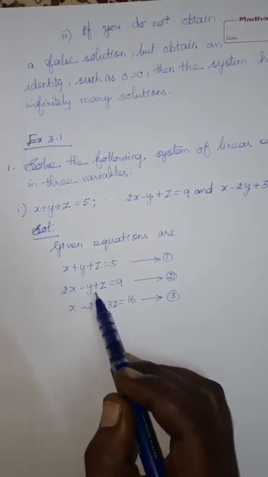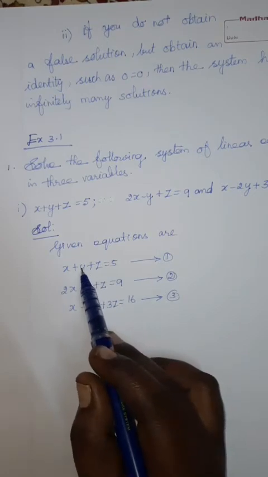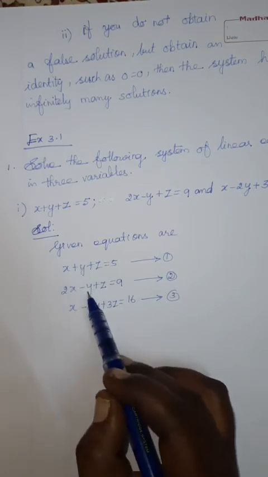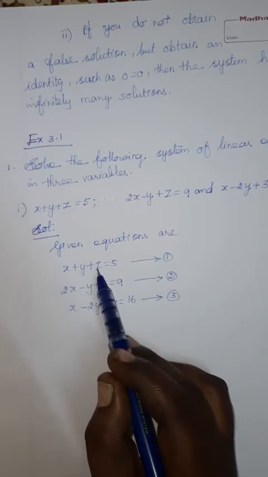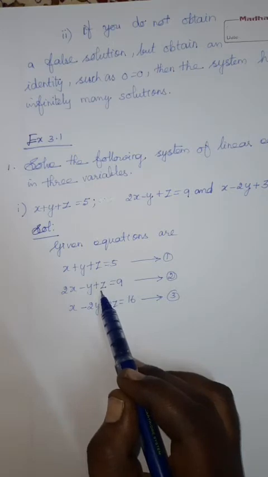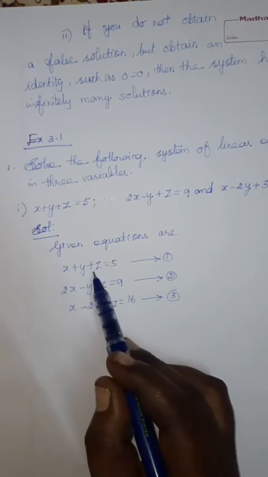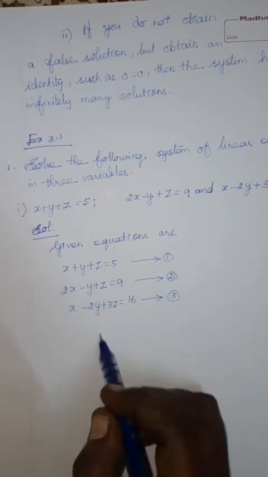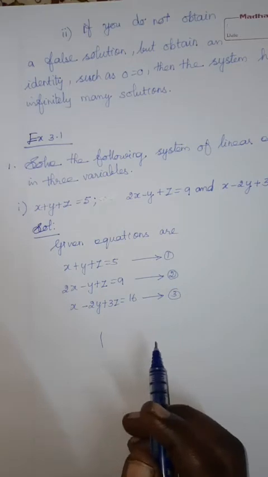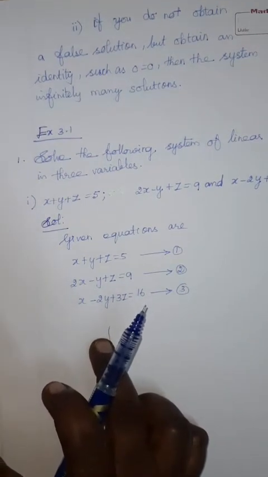Or if you see the second equation with the first equation, here the y term signs are different, so if you add, you can eliminate the y term. The same way, if you subtract, you can eliminate the z term. Like this you can do depending on the coefficients. It is easy if the coefficients are same. Otherwise, we have to make the coefficients equal and do the calculation.